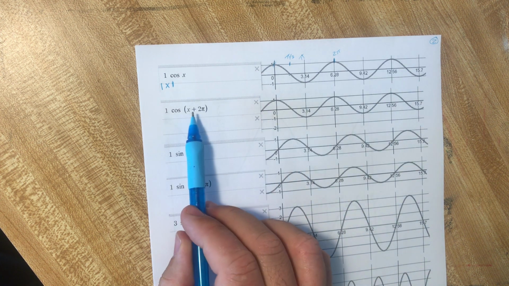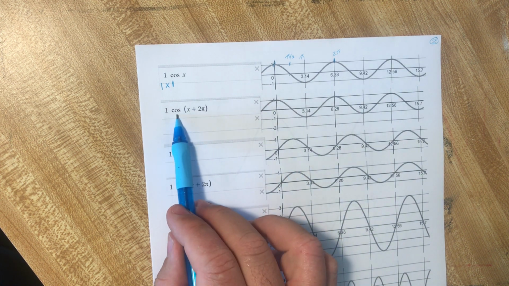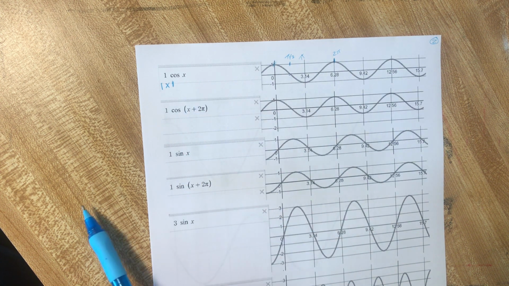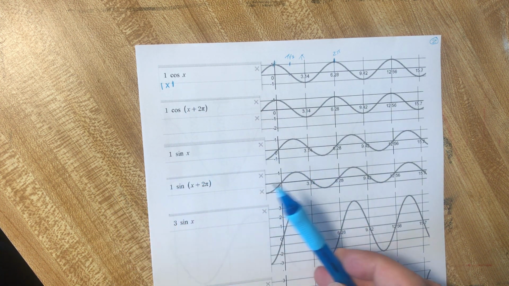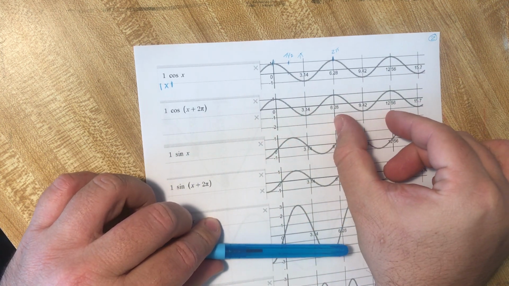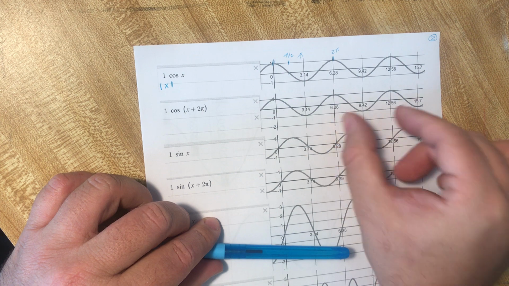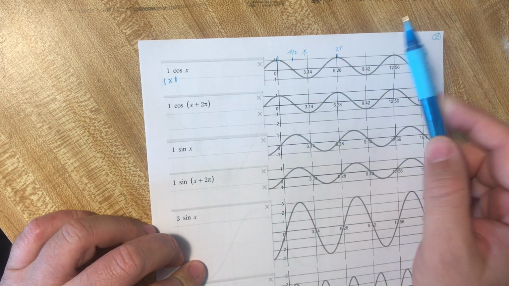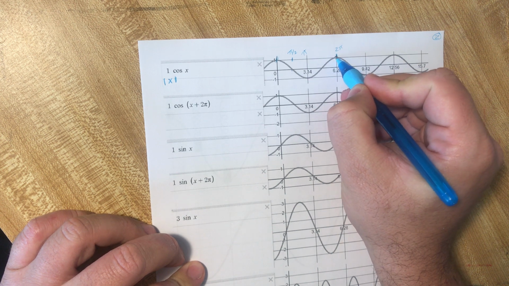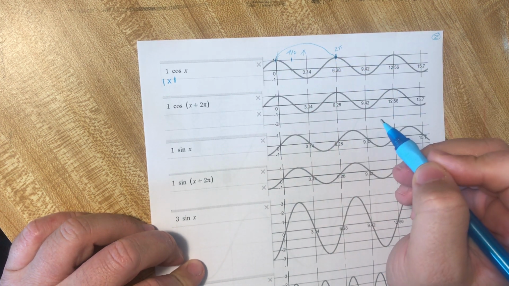Look at this function, which is 1 cosine. It is the same: x, the same, plus 2 pi. 2 pi means that I move my function 2 pi to the right. In this case, that means I bring this point to the 0 position.